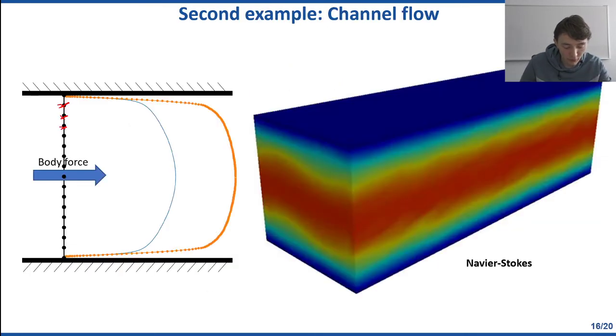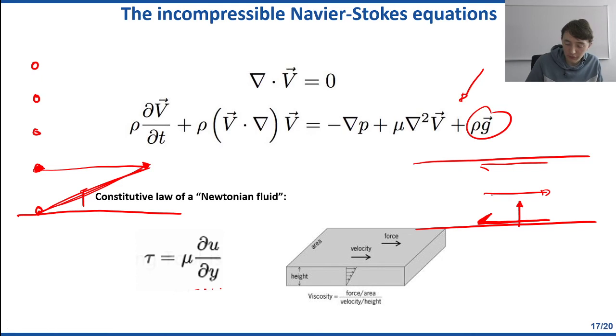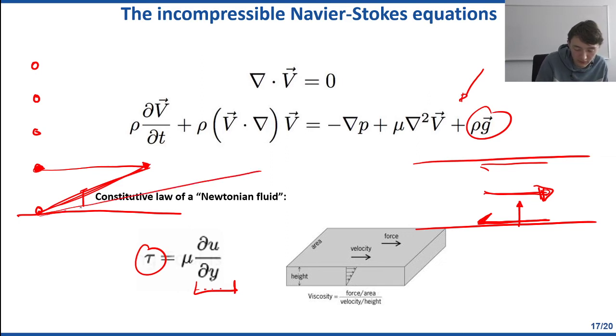Suppose that for the true solution, the blue one, in order for this force to balance with the shear stress, I would need a shear stress that corresponds to a slope that is this steep. And in a true solution, I might have something that looks like this. But with my coarse mesh, I cannot represent something that looks like this.